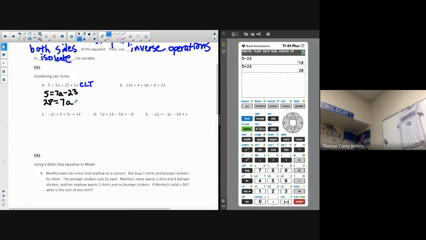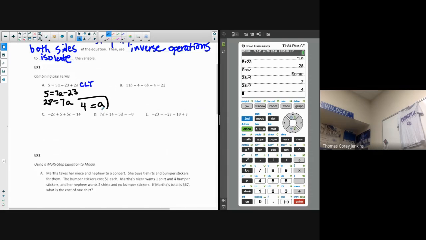And then 28 divided by 7 is going to be 4. So we get 4 equals a.